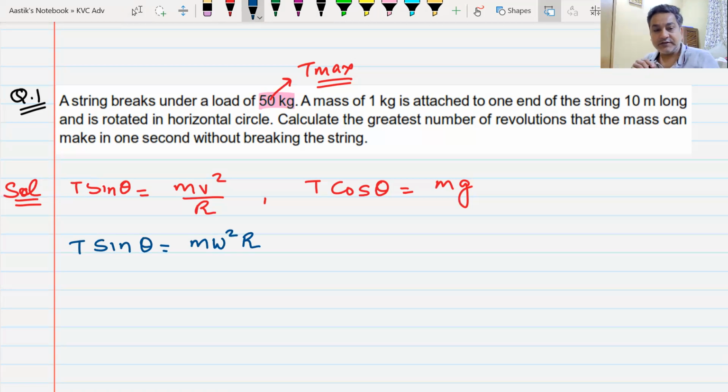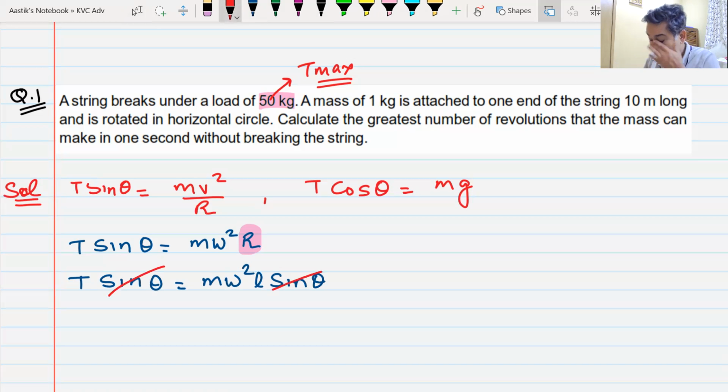To find out the value of m omega square r, I already told you how much this r is. This is L sin theta. So T sin theta is equal to m omega square L sin theta.